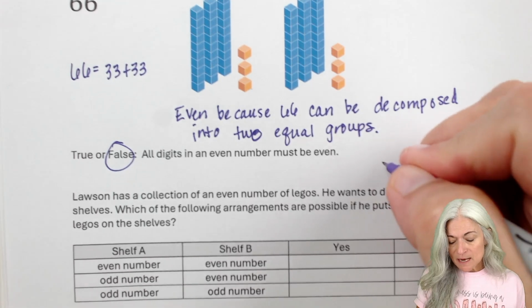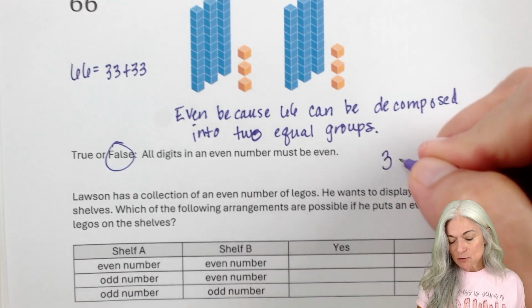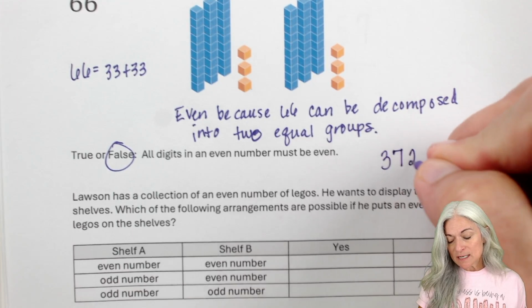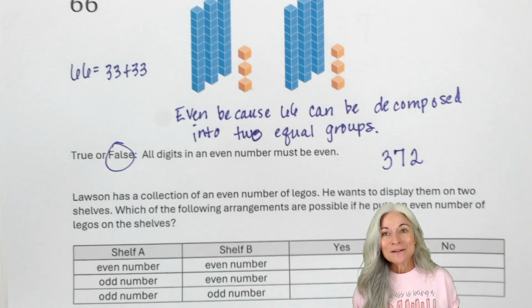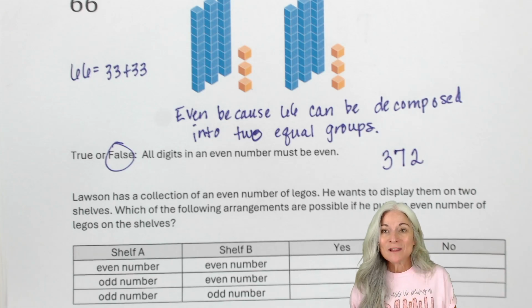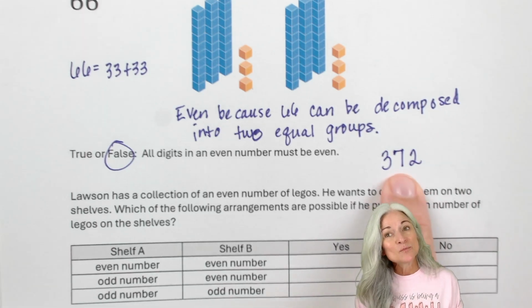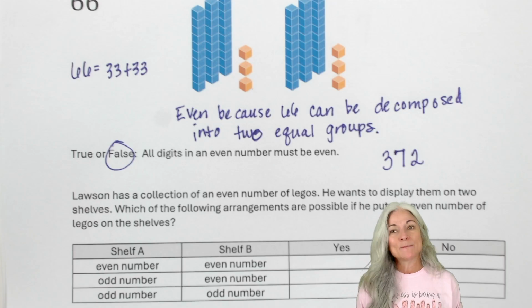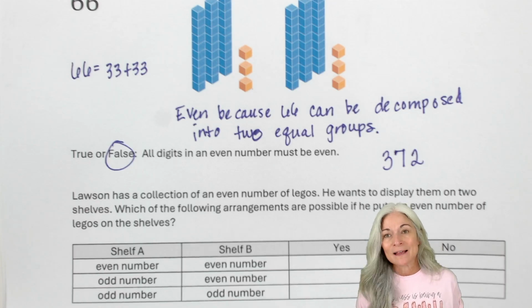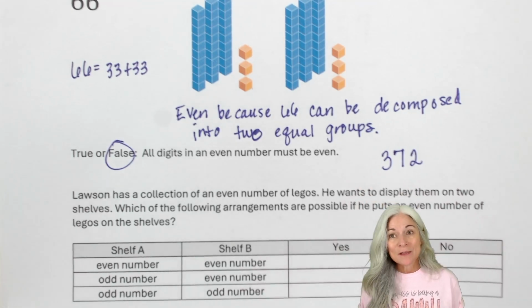Well, let's think about a number like 372. Okay. 3 and 7 are odd numbers. But what is their place value? 7 is in the tens place. That's 70. Can I split 70 into two equal groups? Absolutely. 35 and 35. 3 is in the hundreds place, so that's 300.